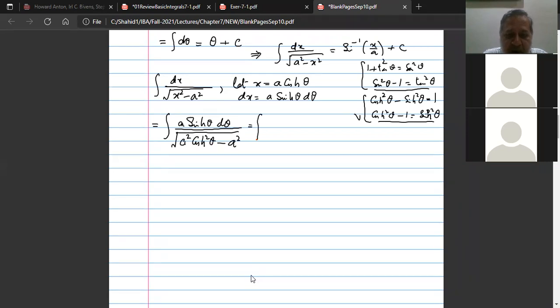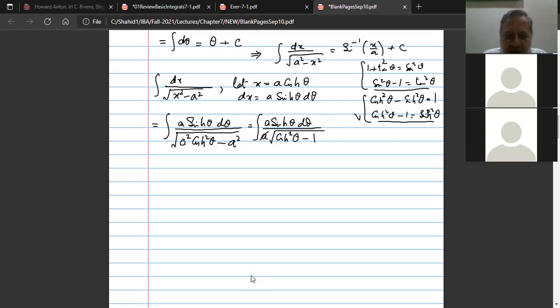I'll keep the numerator as it is. In the denominator, under the root, a square is common. If I take it out, it will be only a under the root of cos hyperbolic square theta minus 1, which is equal to sin hyperbolic square theta.